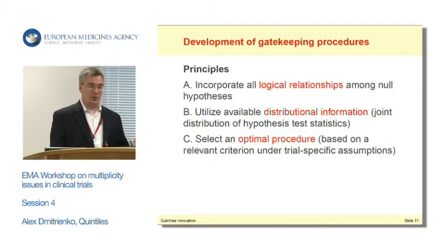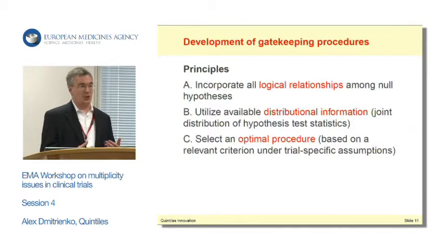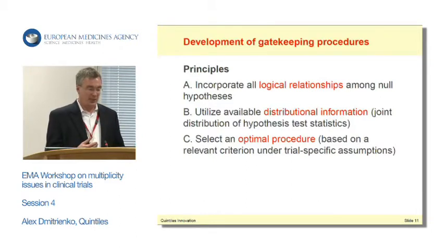First, requirement A: it's important to gather all relevant clinical information, which normally comes in the form of logical relationships or logical restrictions. B: we gather all available statistical information, as much as we can, about the joint distribution of the test statistics or p-values equivalently.